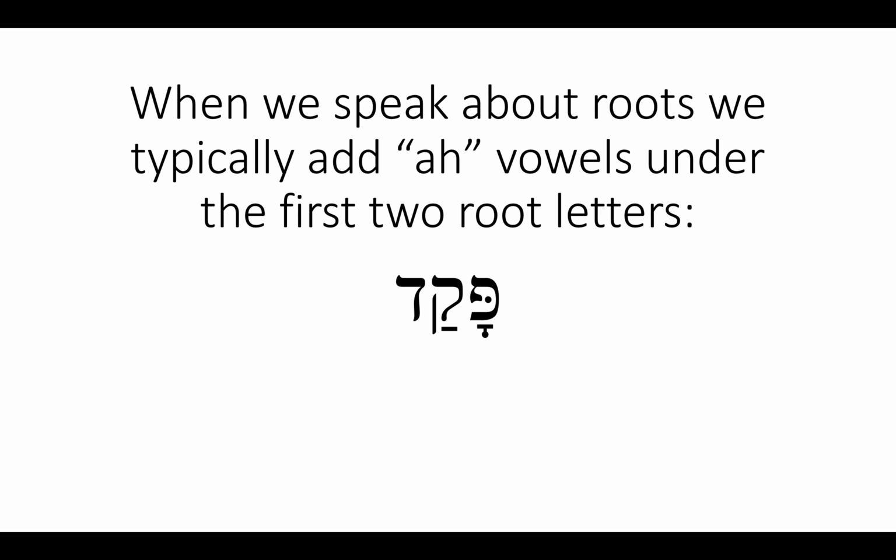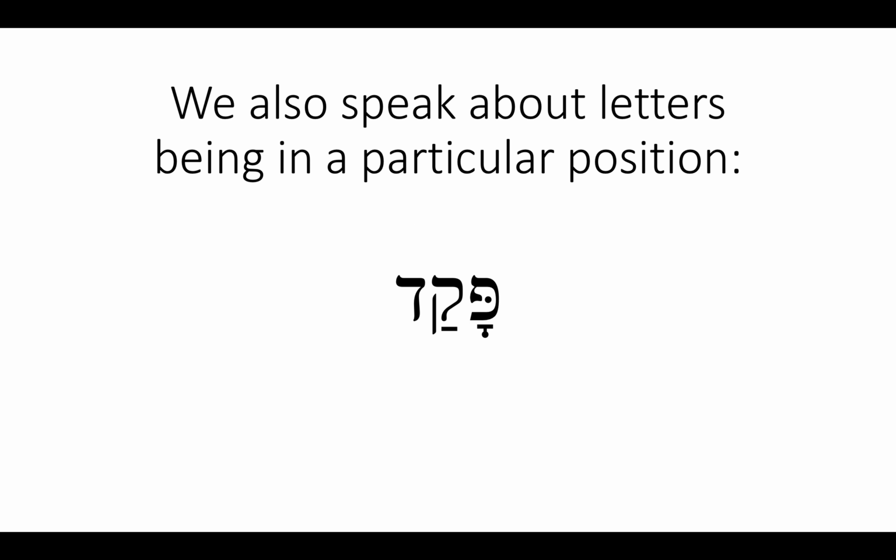As I just mentioned, when we speak about roots, we typically add vowels into the first two root letters to make a word, like in this case, pakad, and we'll talk about the root pakad. We also speak about the letters being in a particular position. This is also very important because when certain letters are in certain positions, words behave typically in a certain way sometimes.